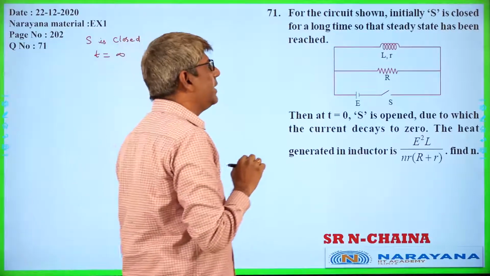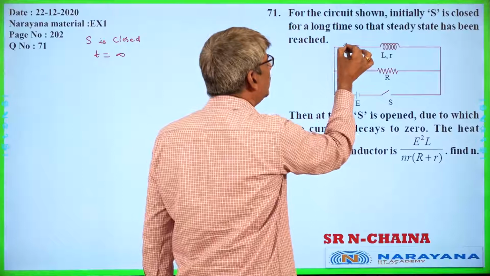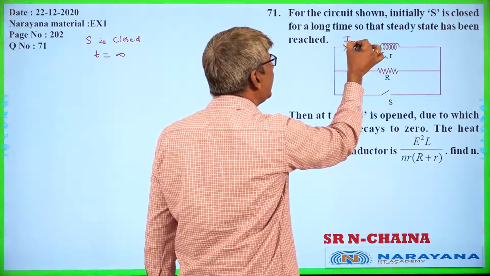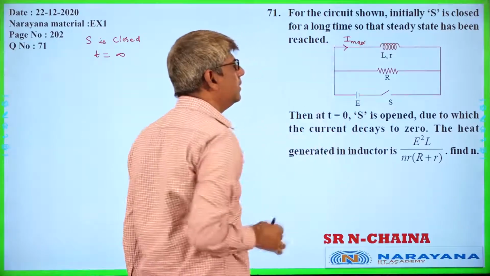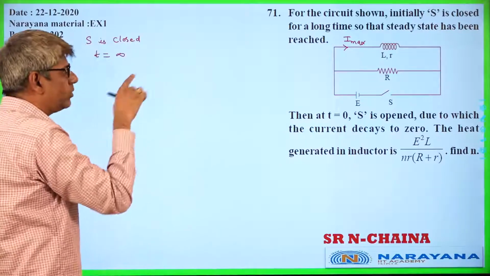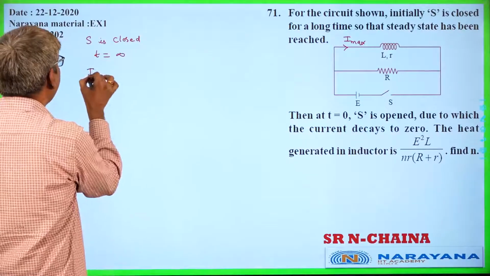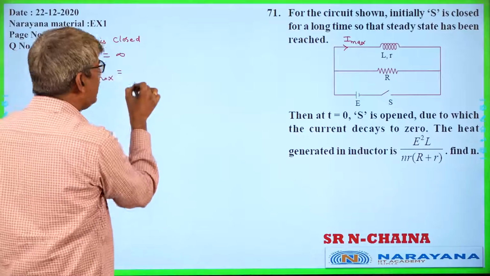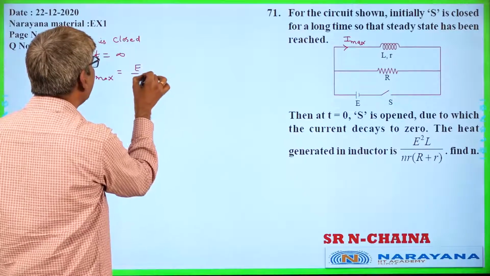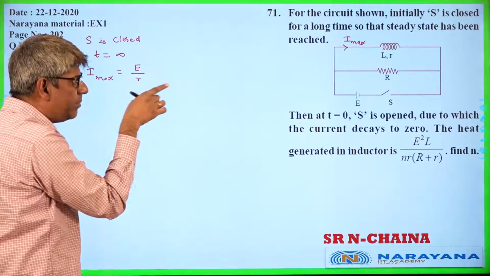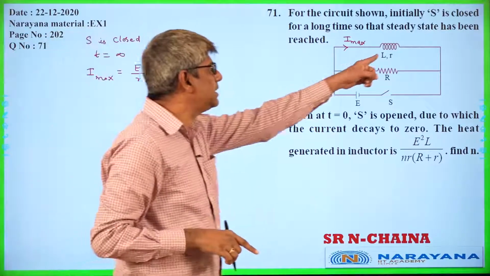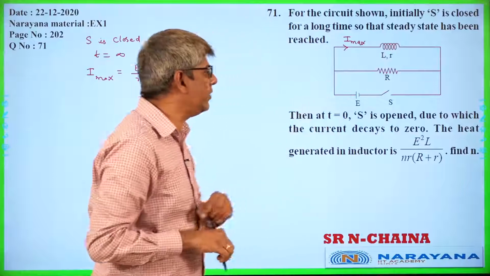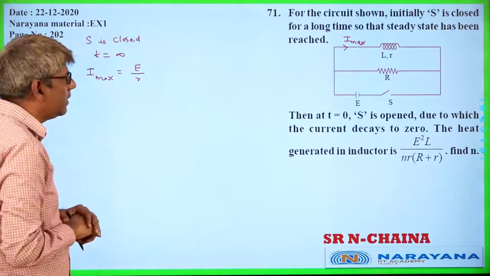So through the inductor, maximum current has to flow. Let that maximum current be I max. Maximum current definitely will flow through the LR circuit. So find that maximum current. I max is equal to E by the resistance of the LR only, not the middle resistance, that is, the resistance of the inductor only. This is the maximum current.